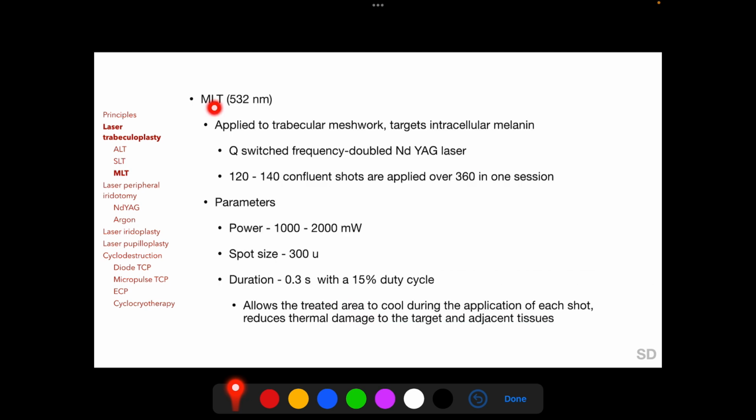Micropulse laser trabeculoplasty is also performed with a frequency doubled Nd:YAG laser emitting laser at wavelength 532 nanometers, and like selective laser trabeculoplasty, MLT also targets intracellular melanin, and like SLT, 360 degrees of the trabecular meshwork can be treated in one session.